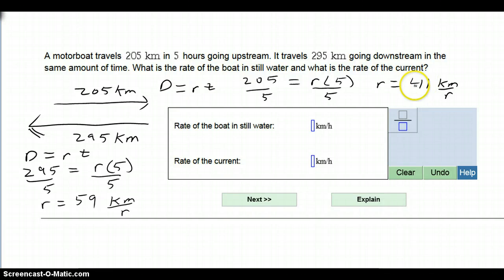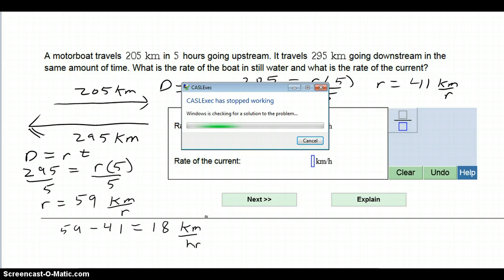So if you look at 41 and 59 and find how much different they are, 59 minus 41 equals 18. The difference is 18 kilometers per hour. And you just think of that physically. The difference between going upstream and downstream is 18 kilometers per hour.